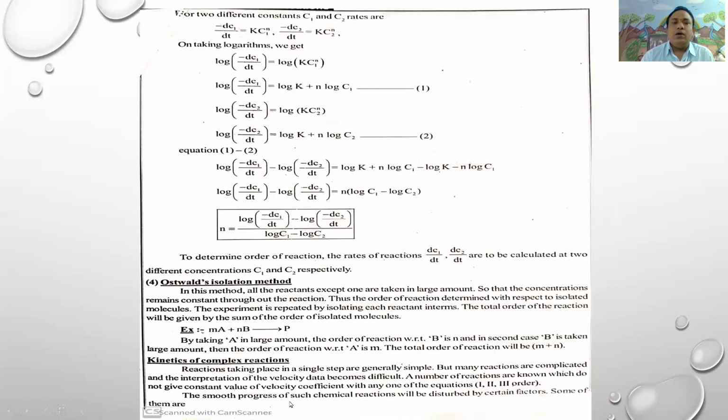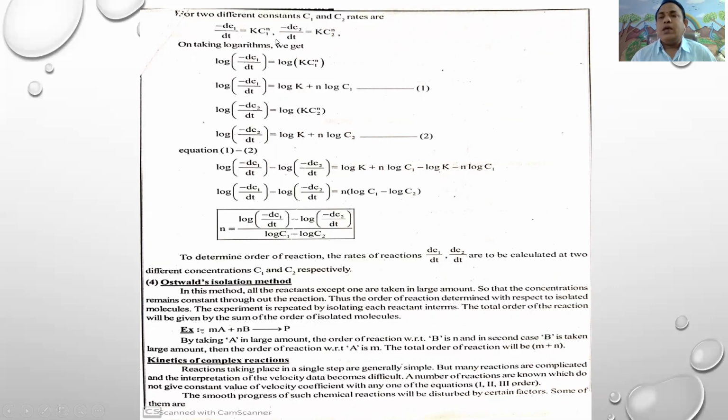Here the same reaction is carried out using two different initial concentrations. In the first reaction, the concentration of reactants is C1, and it is converted into products. According to the law of mass action, minus dC1 by dt equals K into C1 to the power of n.